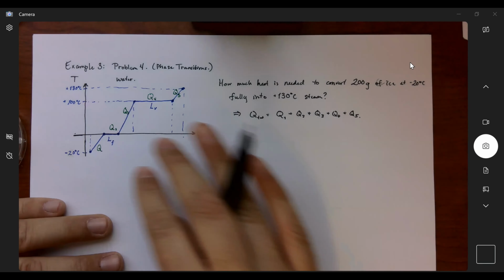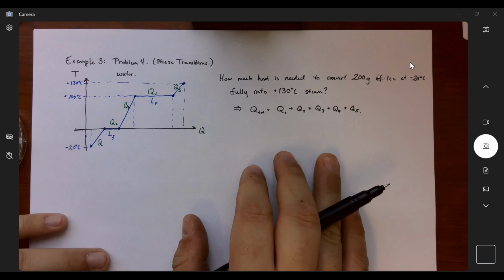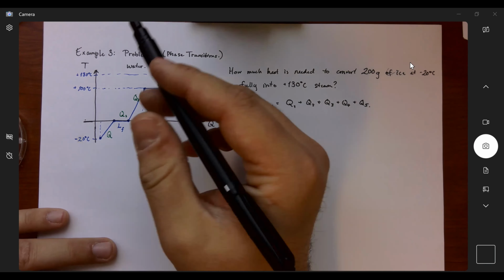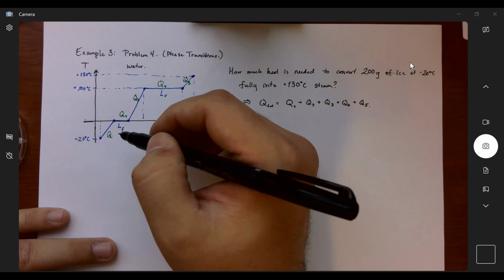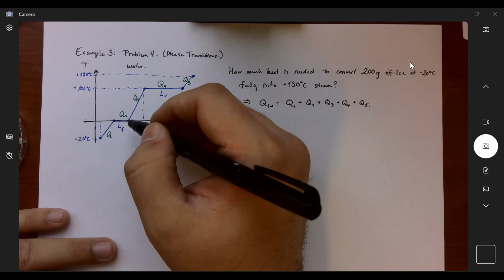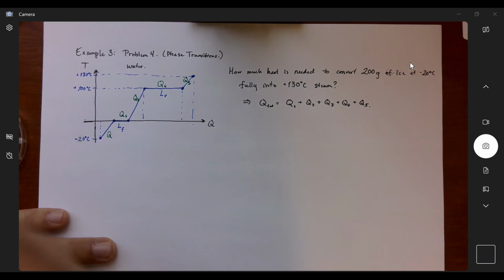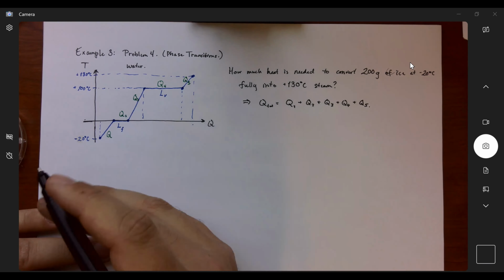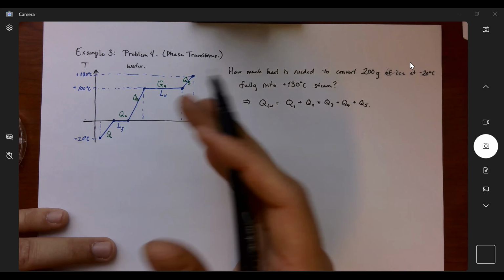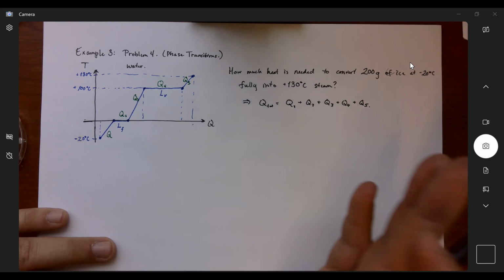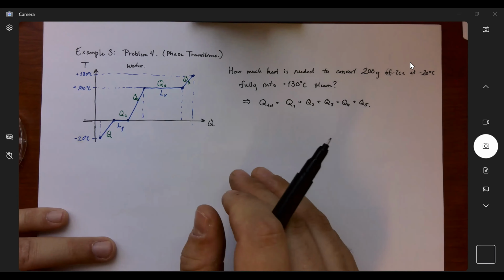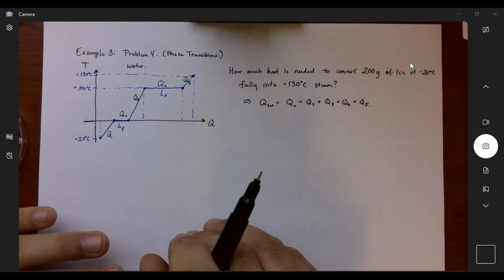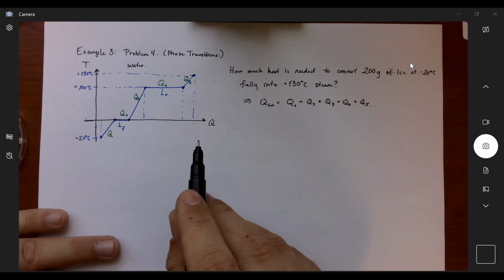All right. You can also have another problem, and I think maybe there were some example problems where, say, you started with a certain amount of ice, and then you're given a total amount of heat that was put into the system, and it might have asked you how much ice is left over, is it fully converted or not, and if it is fully converted, what is the temperature of the water in that final system?